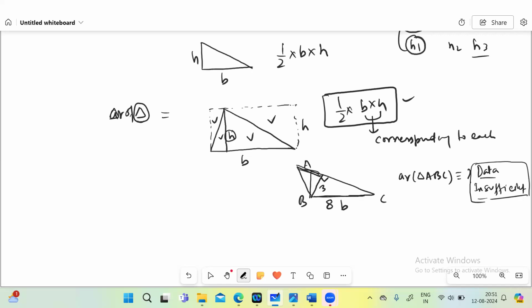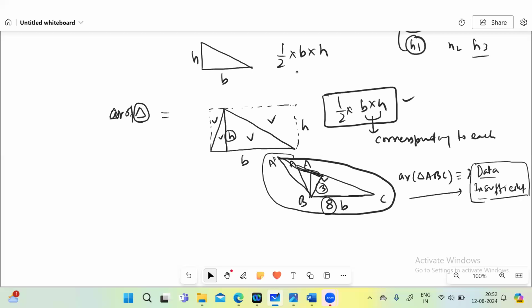We could have a triangle like A dash BC, A double dash BC. All these triangles have the same measures which are given for the first triangle, which is 8 as base and 3 as height. So not only are we unable to find the area, it cannot be found at all.